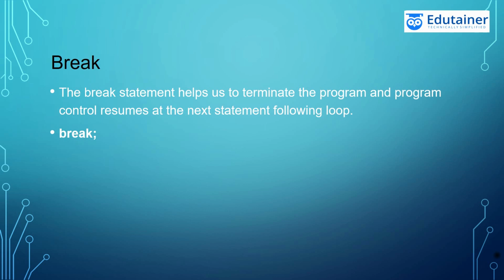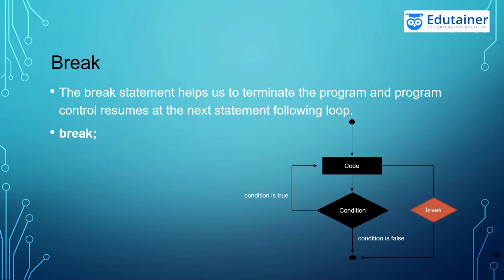Let me explain the break statement using a flowchart. Consider this is a do while loop. Your code is running and we are checking our condition. Once the condition is true, suppose you are printing from 10 to 20. It checks 10, which is smaller than 20, so the condition is true, and you want to stop at 15.